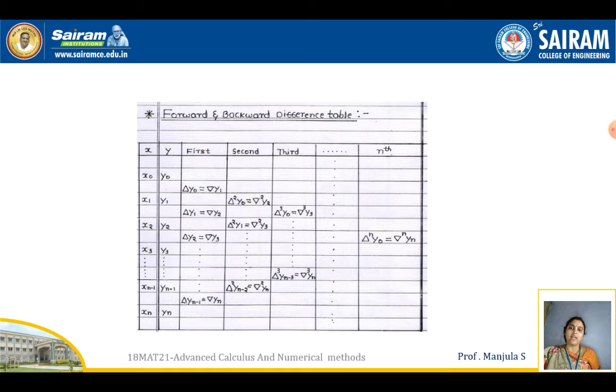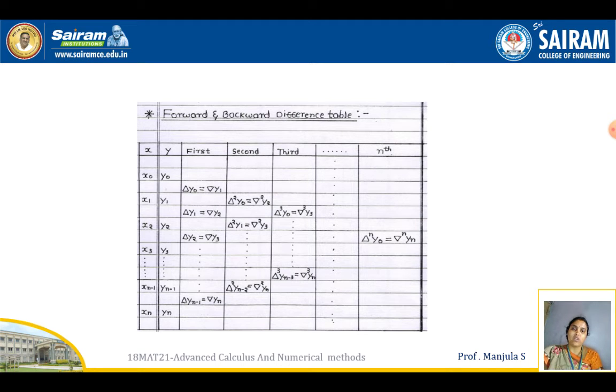Substitute those two sets of values in the first two columns, so the x values become x0, x1, x2, x3 and so on up to xn, and the y values become y0, y1, y2 and so on up to yn. The first difference is del y0. First we'll see the forward difference: del y0, del y1, del y2 and so on up to del yn minus 1.